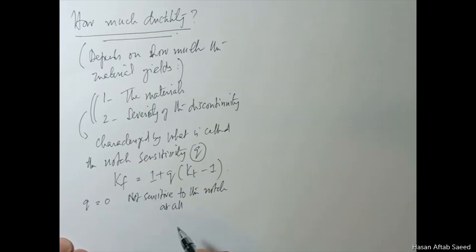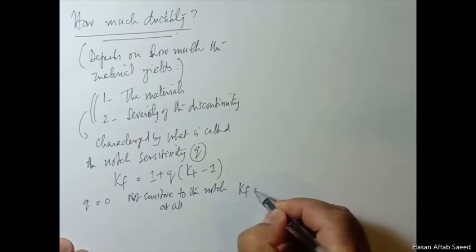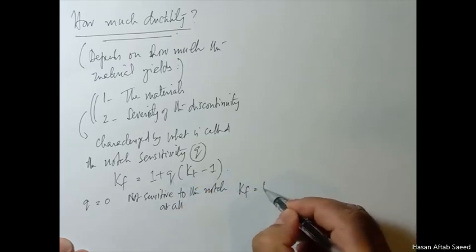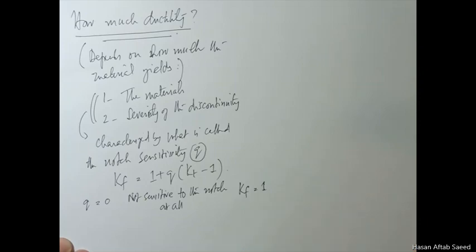So it's a theoretical case. There's no such situation where a material is not sensitive to notch at all. But in this case, if Q becomes 0, Kf becomes 1. So under fluctuating loads, there is no situation where you'll have this.